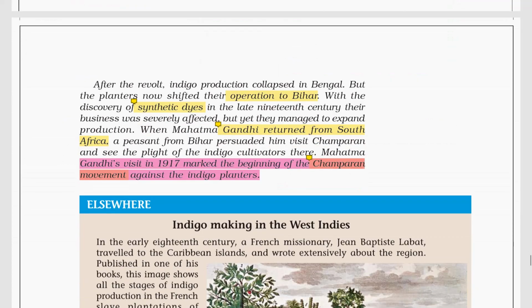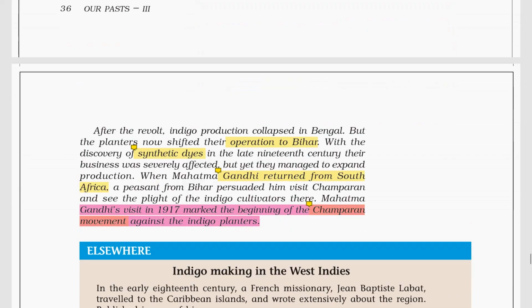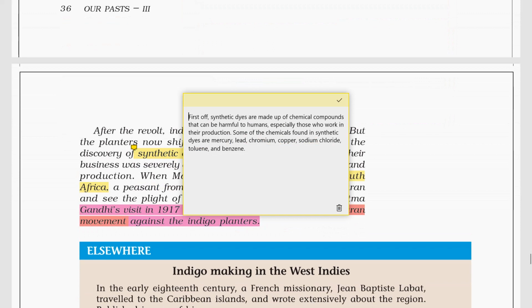Their situation became more pathetic when synthetic dyes were introduced. Now, what is synthetic dye? Synthetic dyes are made up of chemical components that can be harmful to humans, especially those who work in their production.